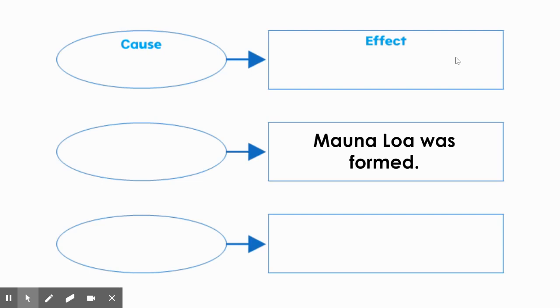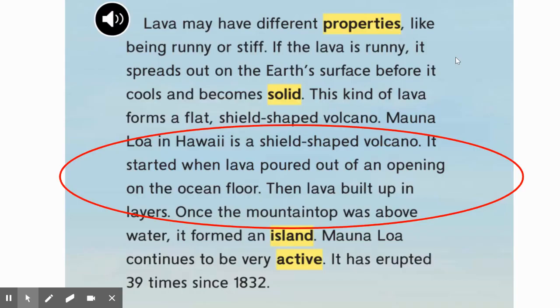Okay, now that you've written down our first effect, I want us to see if we can answer this. The event was that Mauna Loa formed. What was the cause of that? What made Mauna Loa? What action or event caused Mauna Loa to form? Well, let's go back into the text and see if we can find it.